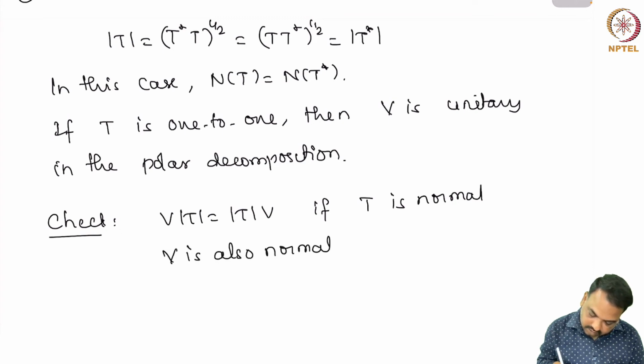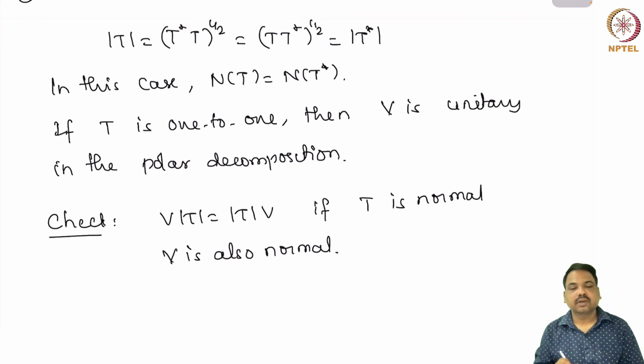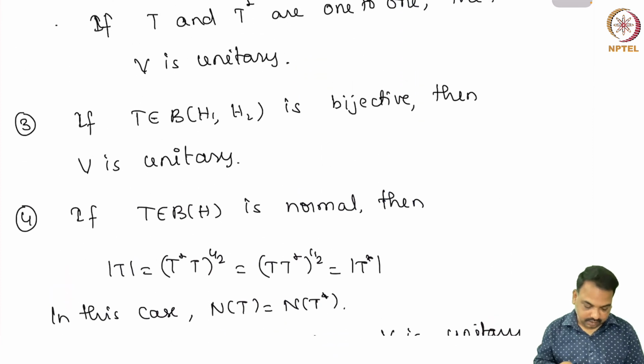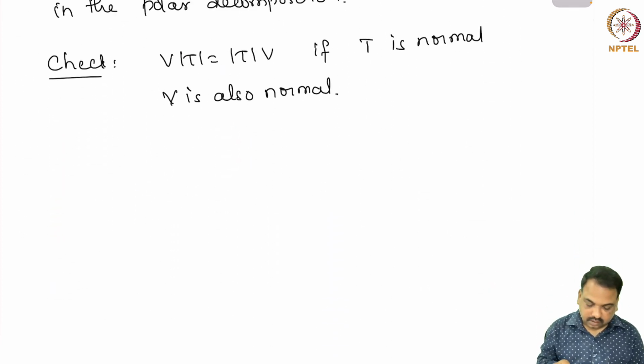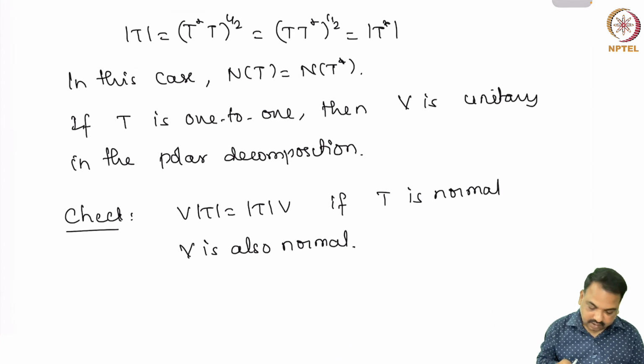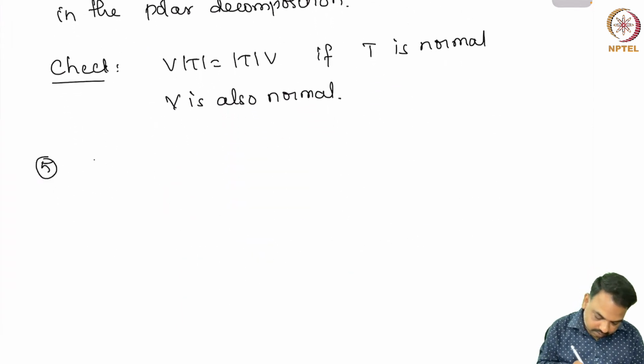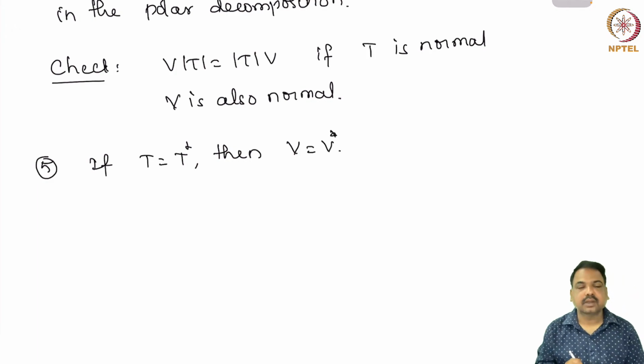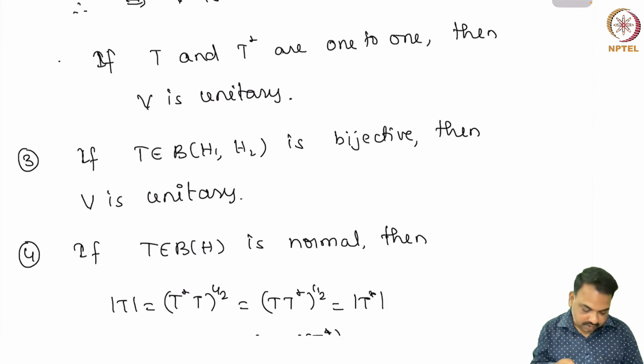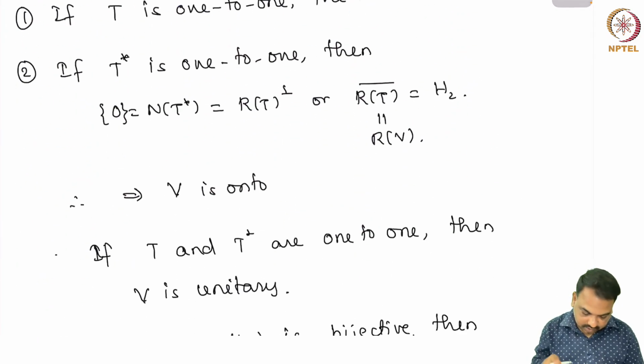This can be proved using the definition of partial isometry and normality of T. Okay. If T is self-adjoint, then we can say that V is also self-adjoint, V equal to V star. These are some observations about the polar decomposition.